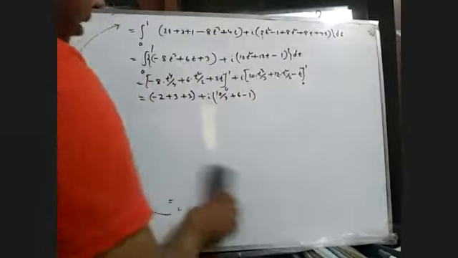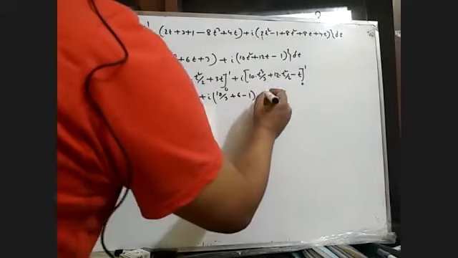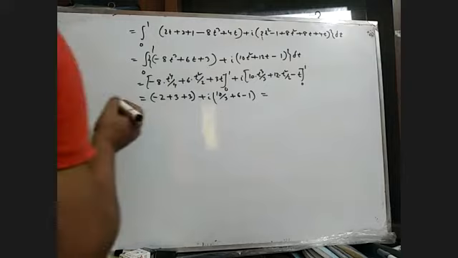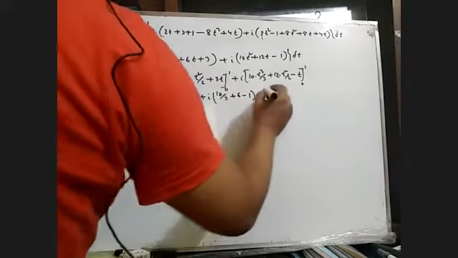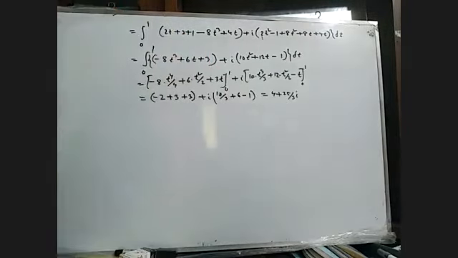So the final result of the first part is 4 plus 25 by 3 into i. This is the value of the complex line integral of the first part.